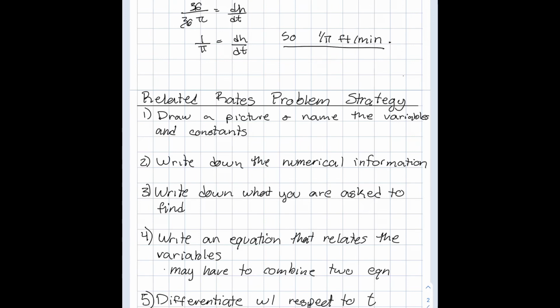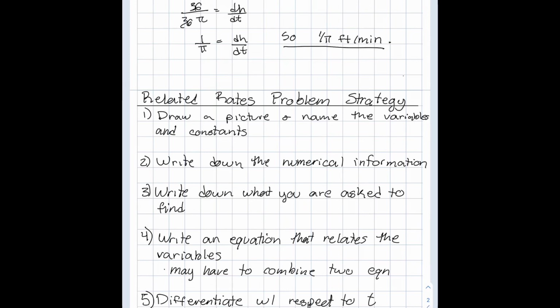And then we wrote down what we were asked to find, right? We wrote down that we needed to find dH/dt, right? That is the change in height or depth with respect to time. So we then wrote an equation that related the variables. I had 3 variables. I had radius, I had height, and I had volume.